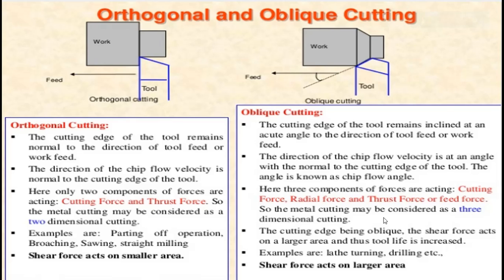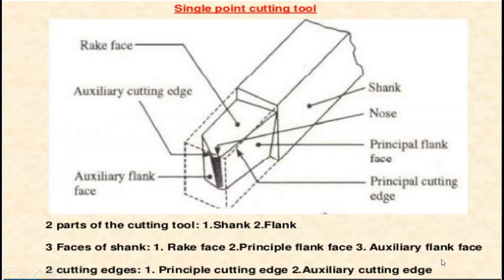Examples of orthogonal cutting are parting off operation, broaching, swaging, and straight milling, whereas oblique cutting includes lathe turning and drilling. In orthogonal cutting, the shear forces acting are small in magnitude, whereas in oblique cutting, they are larger in magnitude.